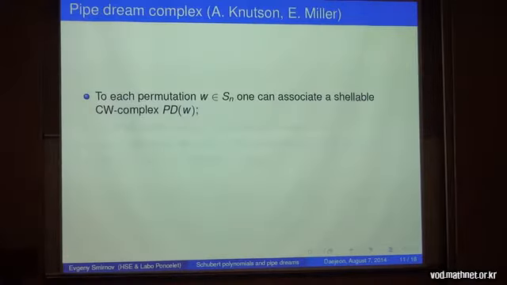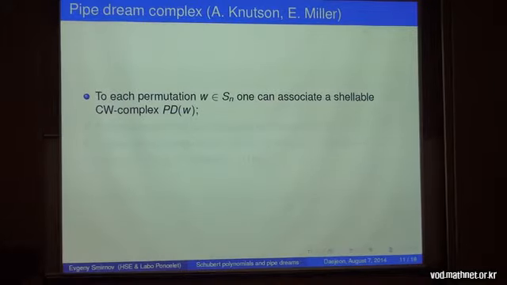Okay, and in the remaining 5 minutes, I pass to polyhedral combinatorics related to those guys, to pipe dreams. Namely, in 2004, there was a paper by Knutson and Miller where they defined pipe dream complexes.